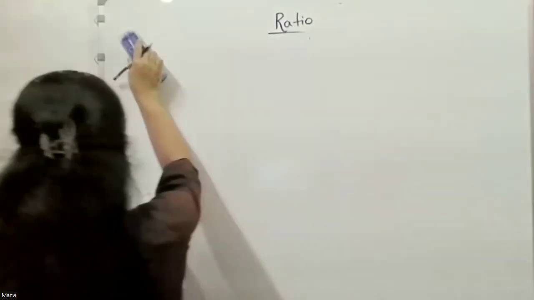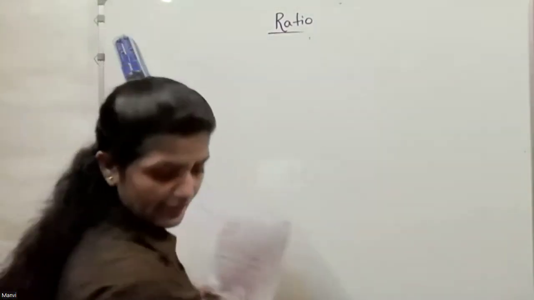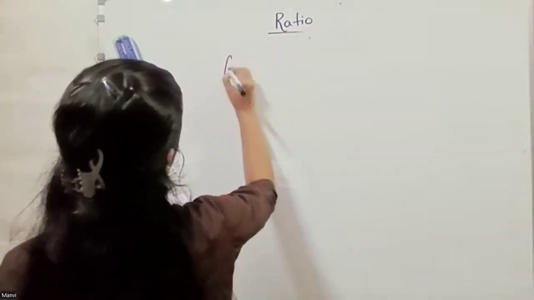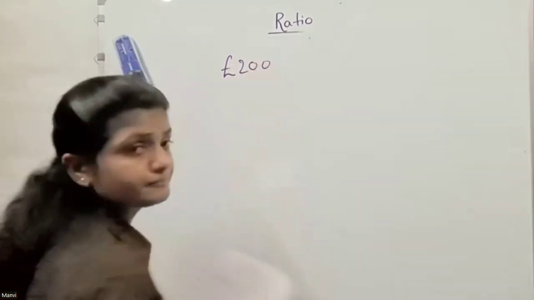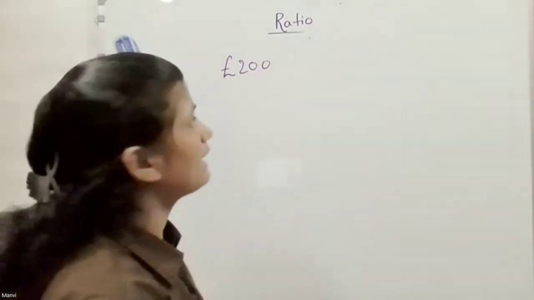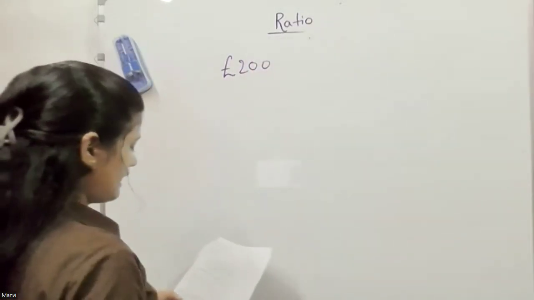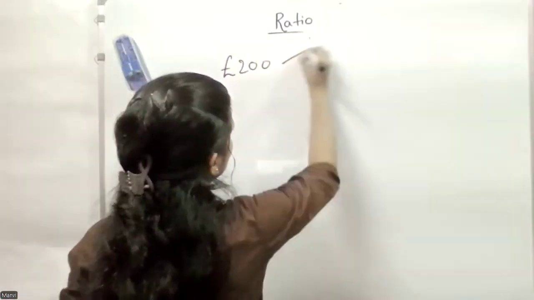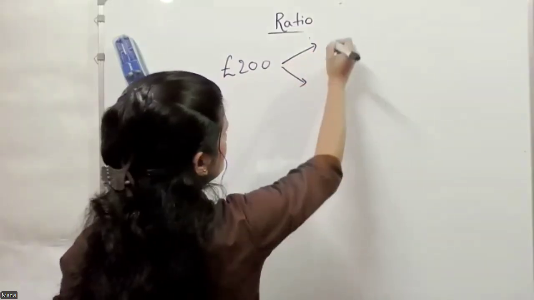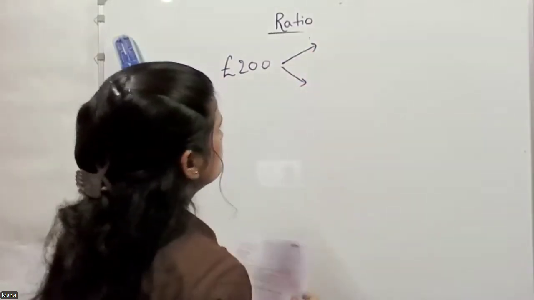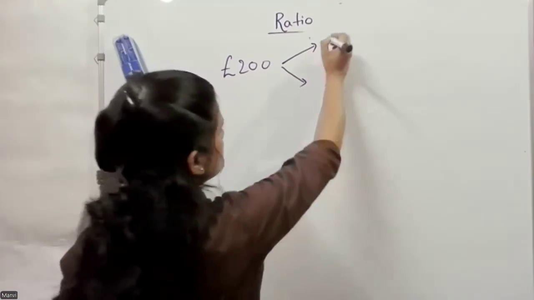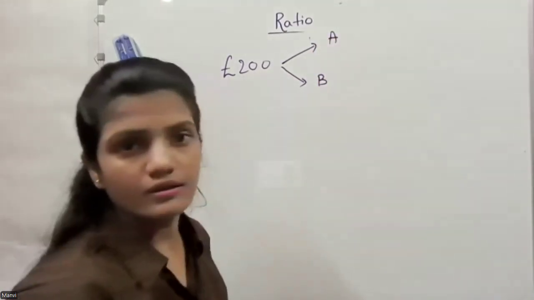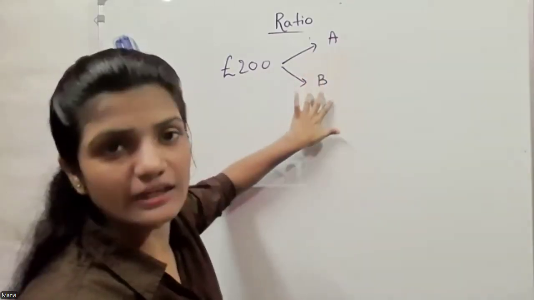For example, if I have 200 pounds and I want to share this amount between 2 children, child A and child B.